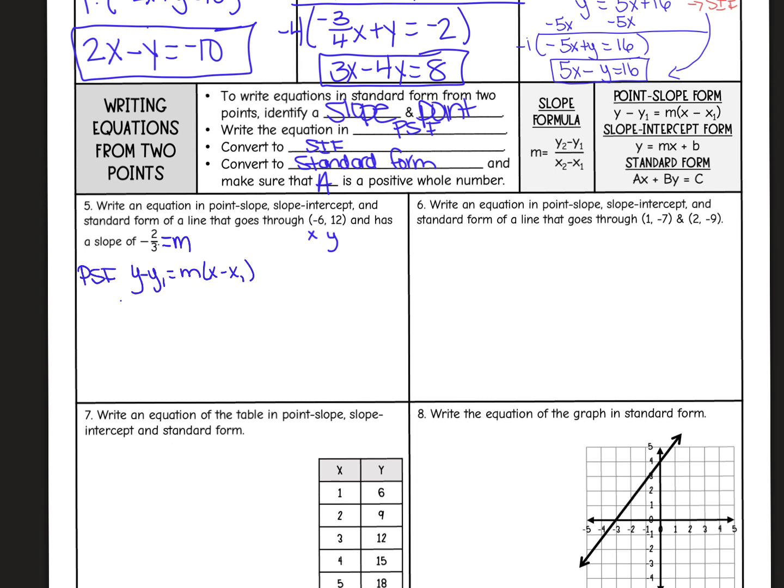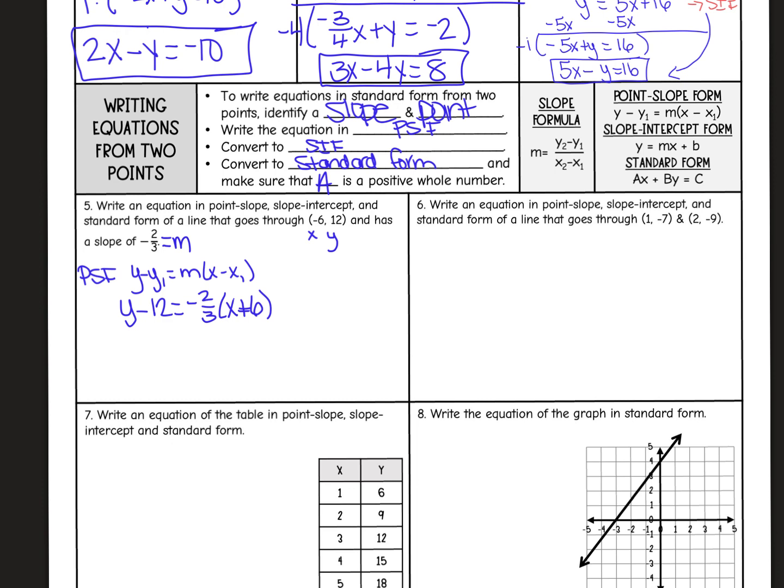So I have y minus y1, which is my 12, equals my slope, which is -2/3, times x minus x1. Now, notice my x1 is -6. The negative is also, a subtraction sign is also part of the equation. So those 2 negatives are going to turn into a positive, and I have a +6.